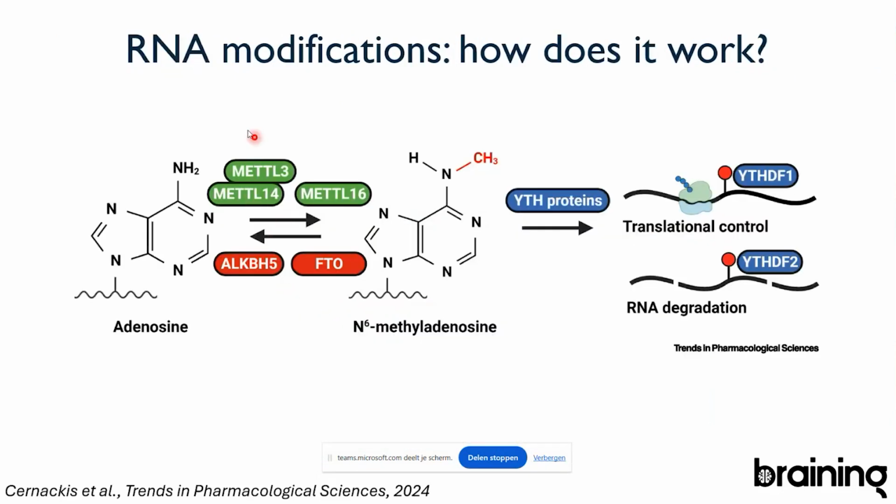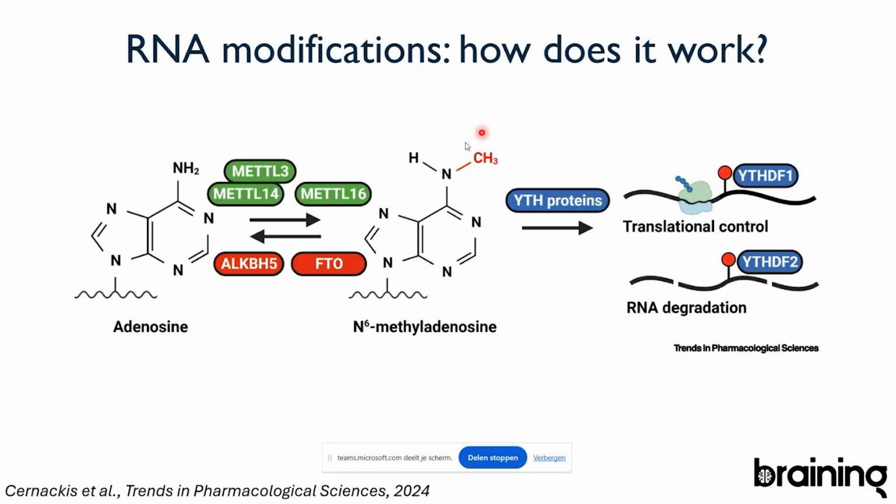Again, very analogous to epigenetics, you have readers and writers and erasers of RNA modification. So if we start with an adenosine here, this is an unmodified RNA base, right? And you have these enzymes here, METTL3, METTL14, METTL16, which are able to put a methyl group on the nitrogen, on the amine group here.